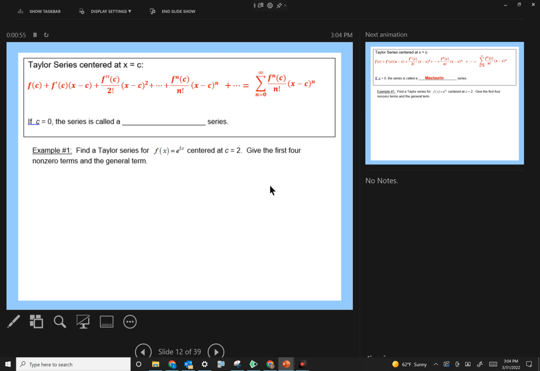And so we know that that sigma represents the going on forever sum. If c equals 0, the series is called what kind? A Maclaurin series. So the Maclaurin polynomial, Maclaurin series, both mean centered at 0.